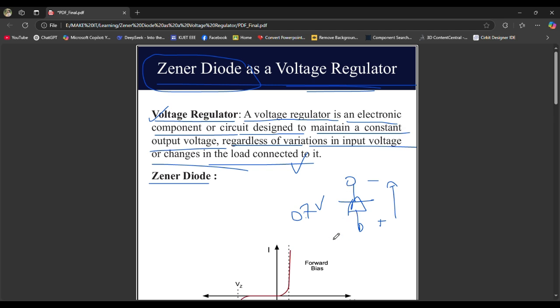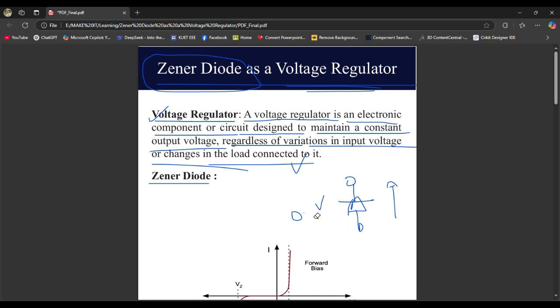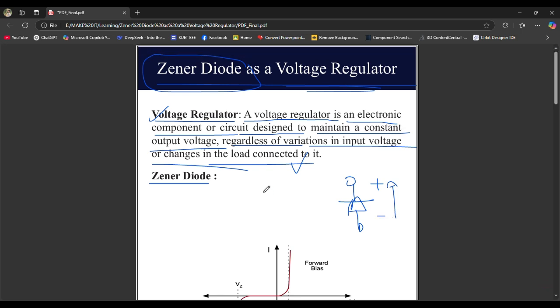But if you make a reverse bias condition, like if you change the polarity of the biasing, making positive here and negative here, then it won't conduct any current. But if you keep increasing the reverse voltage, it will let current flow after a certain voltage, which is called the avalanche voltage.